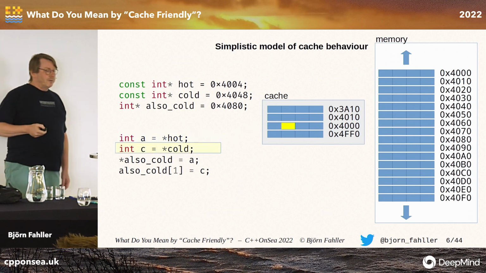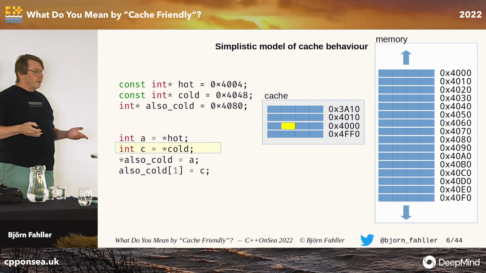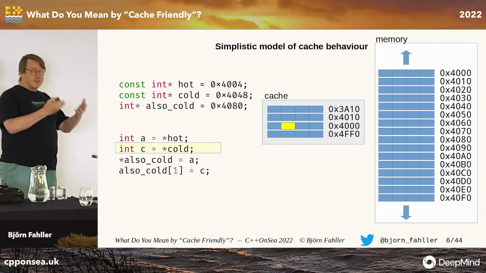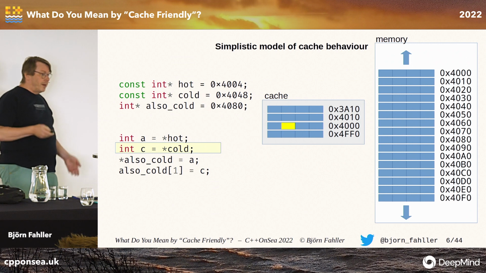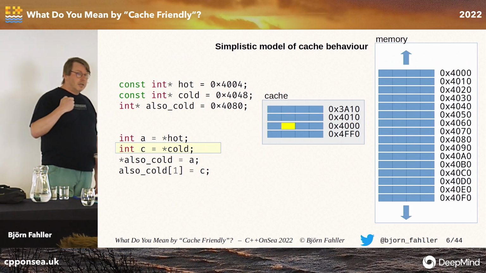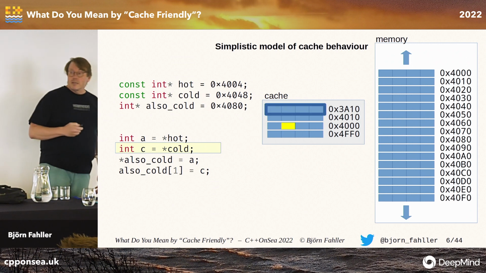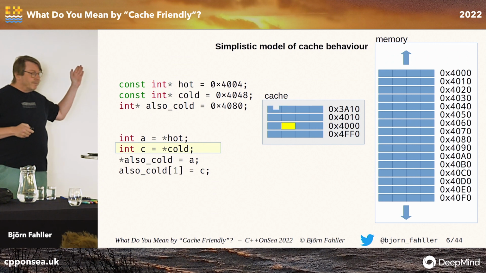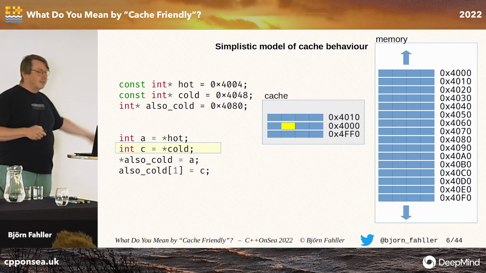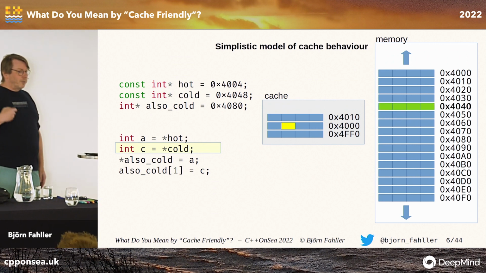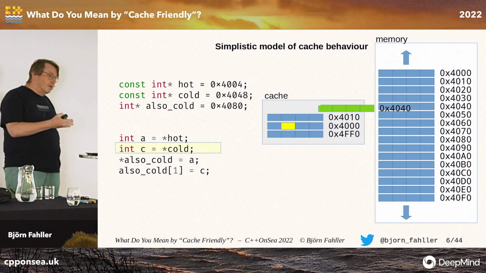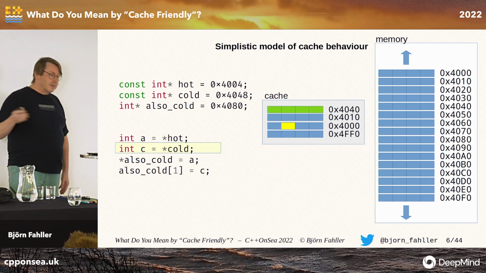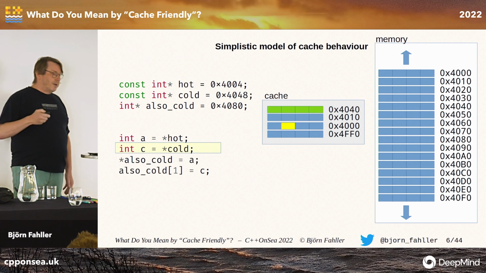But if I want to read from cold at 4048 hex, this is not in the cache. So what happens is that the cache picks some line and says, sorry, you're out. Evict an entry from the cache so that we can find the real address, read it into the cache. This is a slow operation, really slow. And then we can read it.